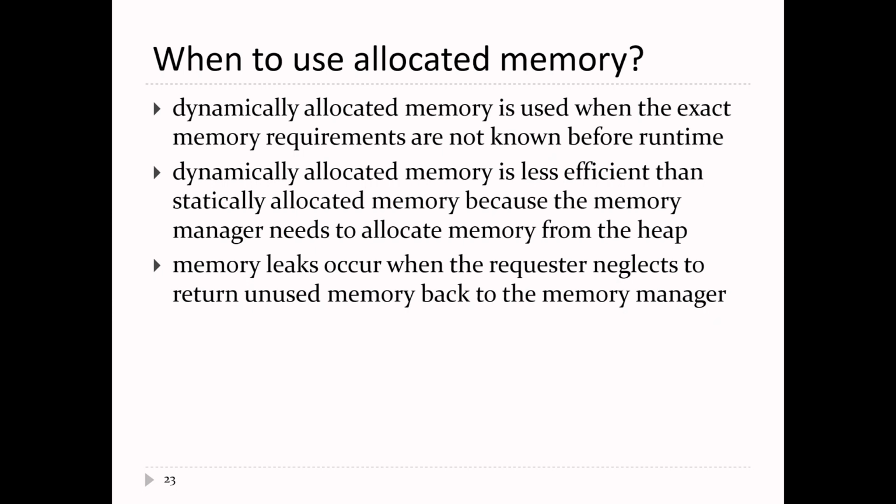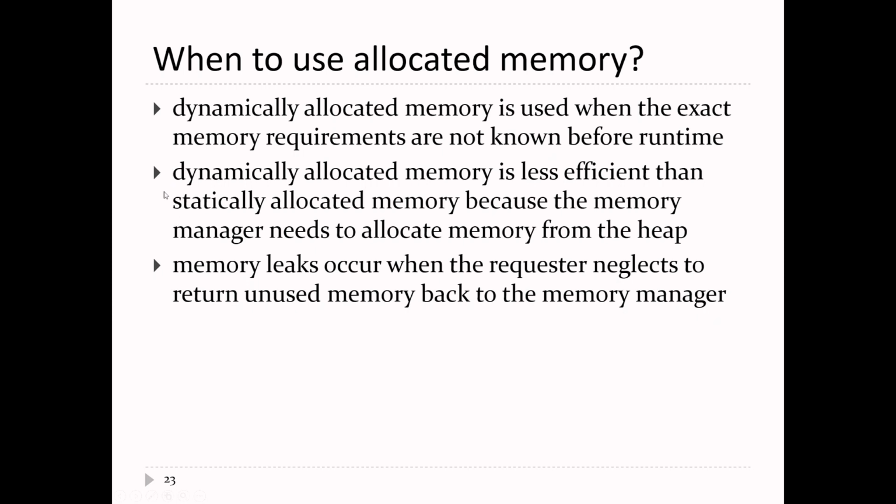Right? So you probably need some sort of dynamically allocated memory here. Similarly, if you have a list in a program, and you want the list to grow and shrink as elements are added to the list or removed from the list, and you don't know how many elements will end up in the list, you need to use dynamically allocated memory.